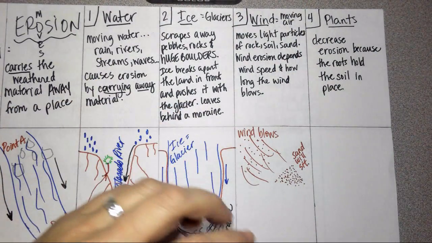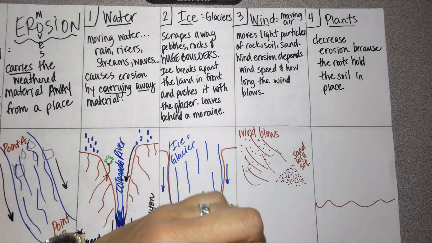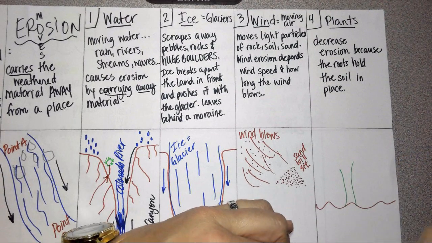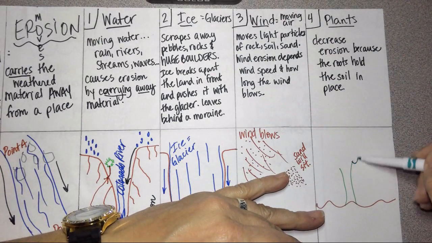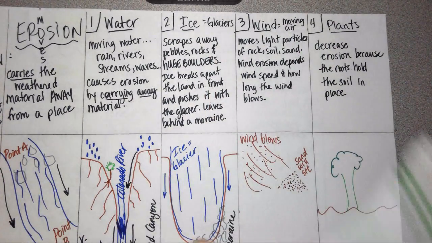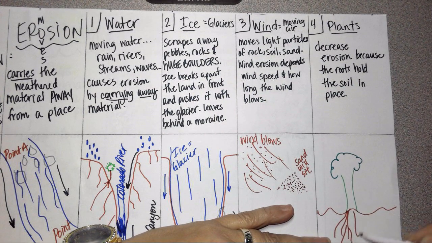Okay, so if I have the soil, right, and then I decide to grow a plant, what do I have down here in the ground? Good job, I have roots. And then what happens?